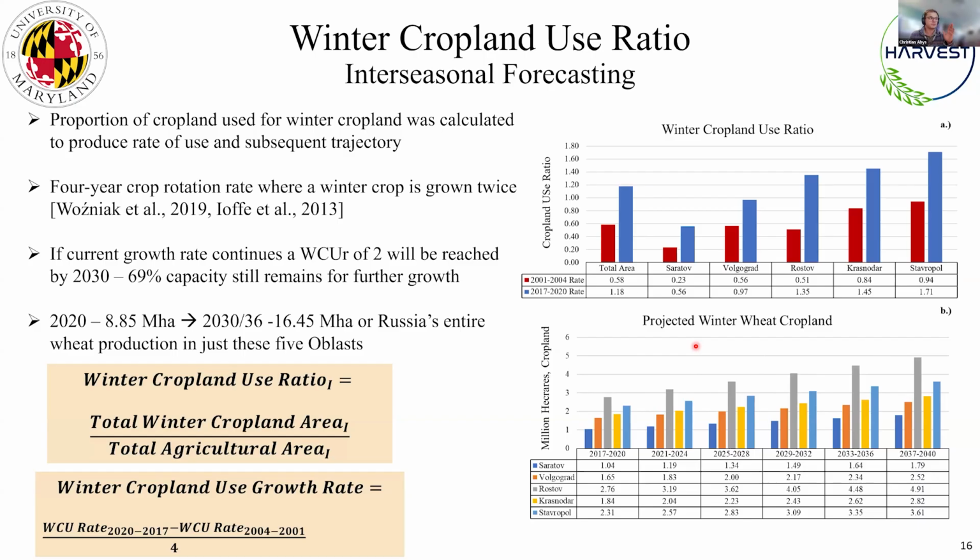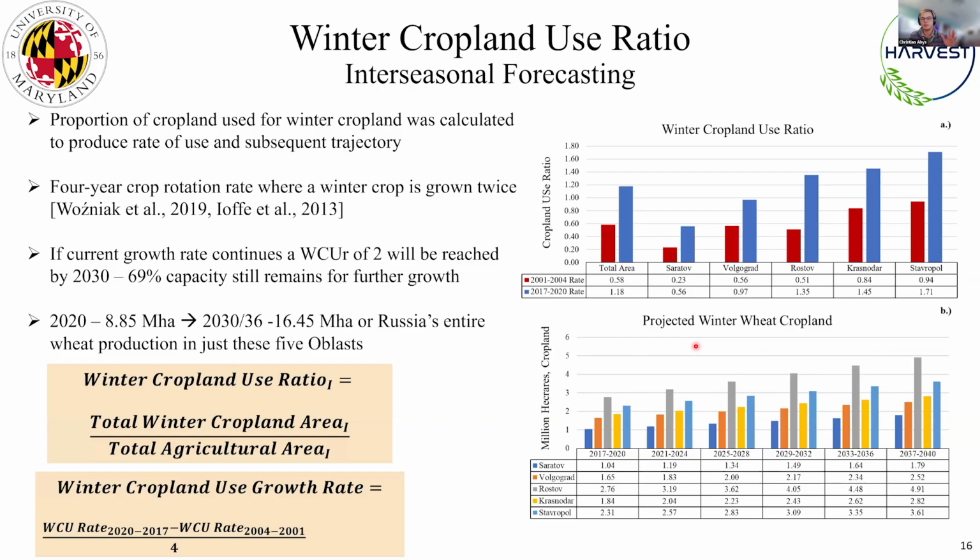And so if you use a winter cropland use ratio of 2, i.e., in a 4-year cycle, you grow winter cropland twice. In 2001 to 2004, they were still around 0.5 to 1, i.e., in a 4-year cycle, they're growing it once.